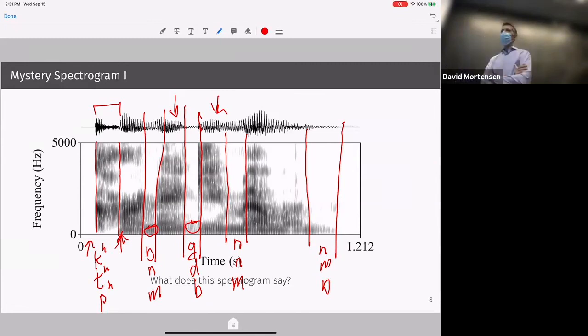So does anybody remember, what formants do you see there? I'll draw them for you. So you've got three formants. There's a little bit of movement.